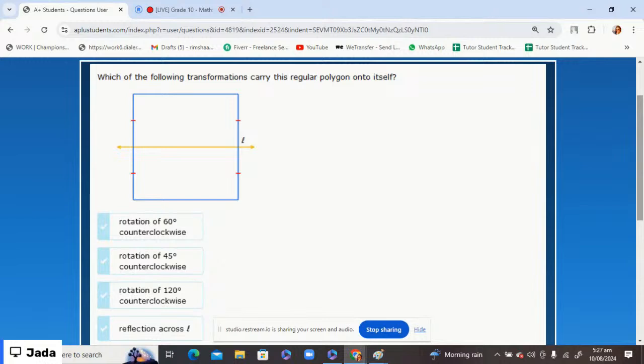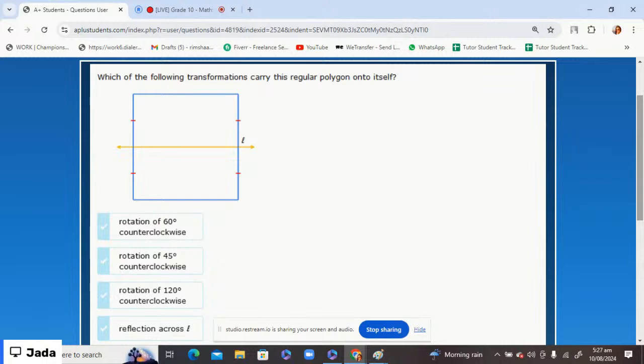Everyone think about it and then tell me. Check it out. It's a square. All sides are the same, and L cuts the two midpoints.